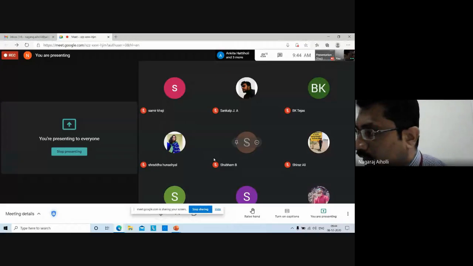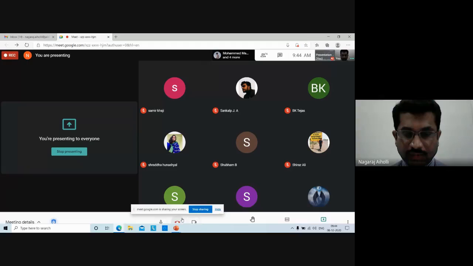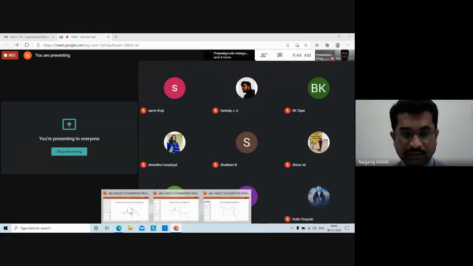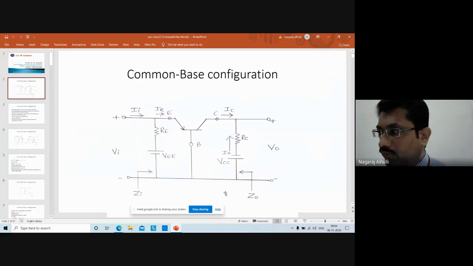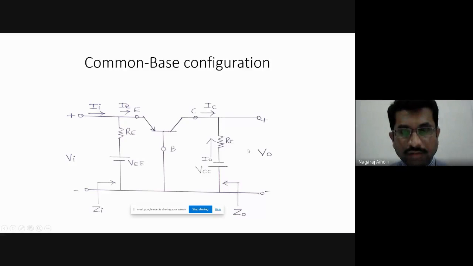Determine the voltage gain, Zi and Zo of the common base configuration using the AC equivalent circuit with the re model. So let us derive the equations for the common base configuration: voltage gain, input impedance, output impedance, considering the AC equivalent re model. This is the common base configuration circuit. I hope everybody is able to see it.